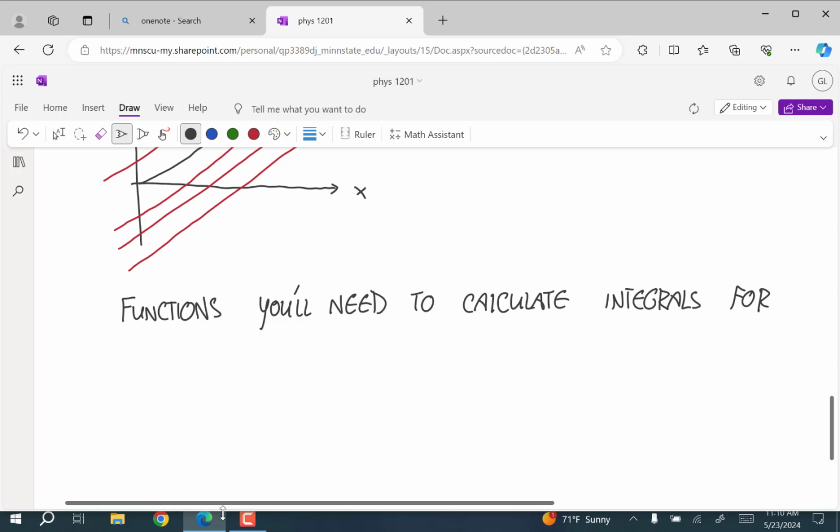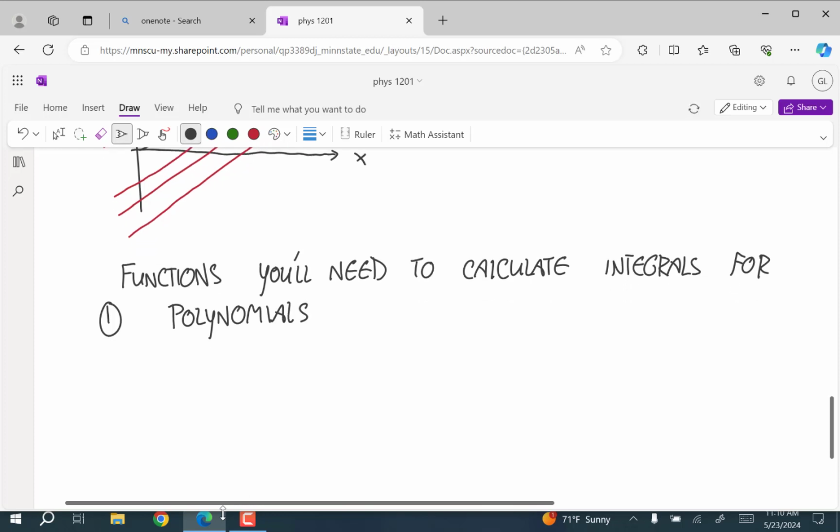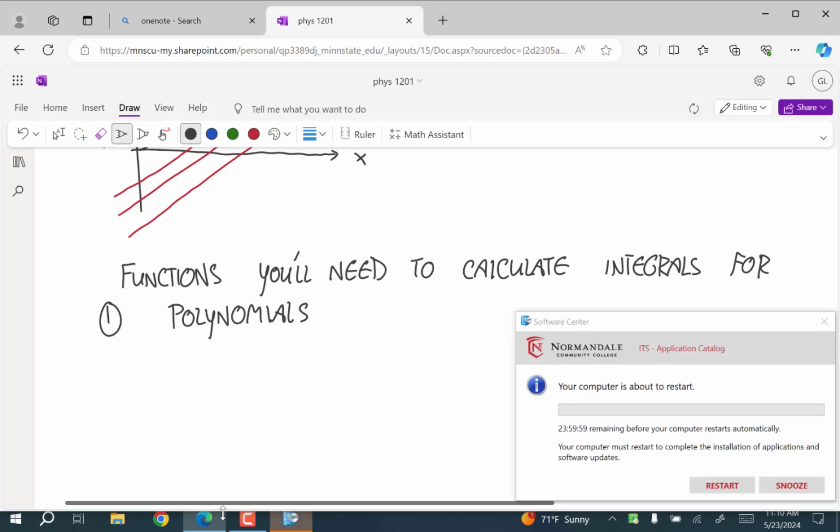There were polynomials, natural logarithms, and trig functions. In this case, it's really only 2 of them. The first one is polynomials. And you'll see why there's only 2 when there were 3 with derivatives before.